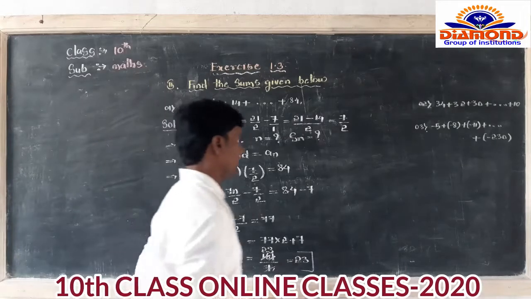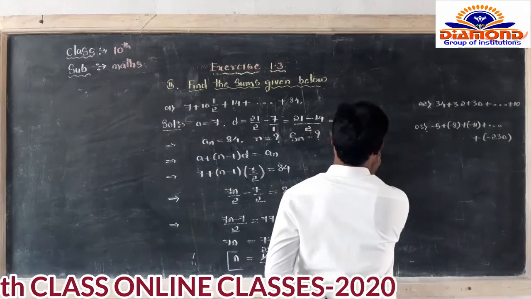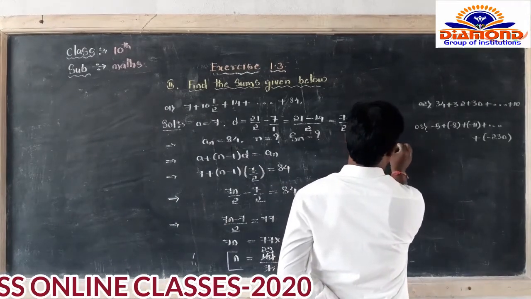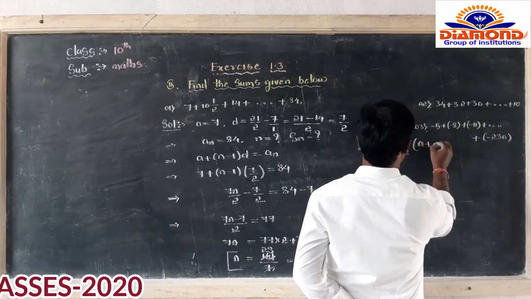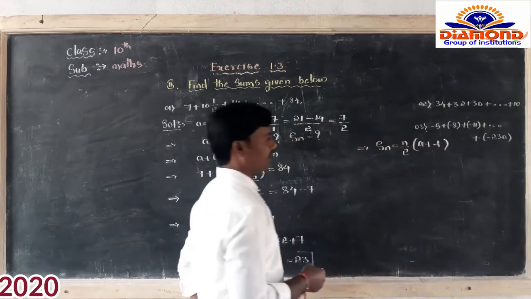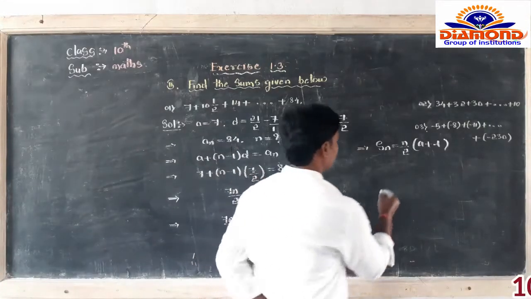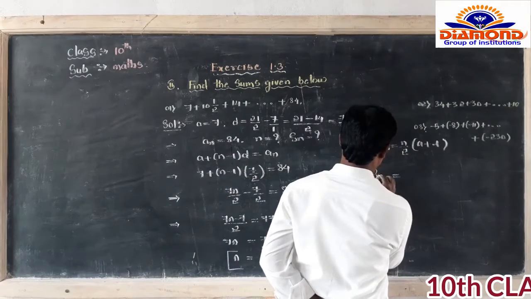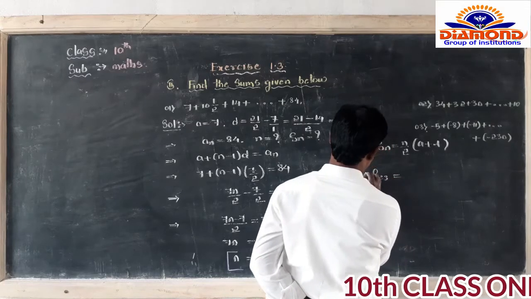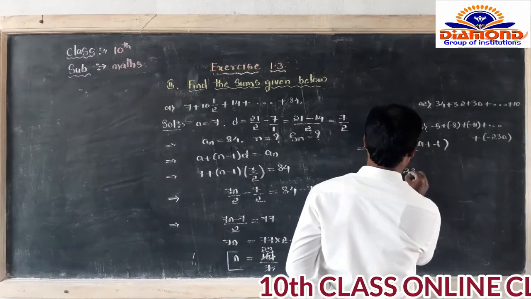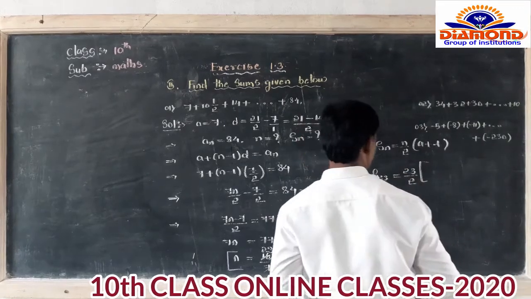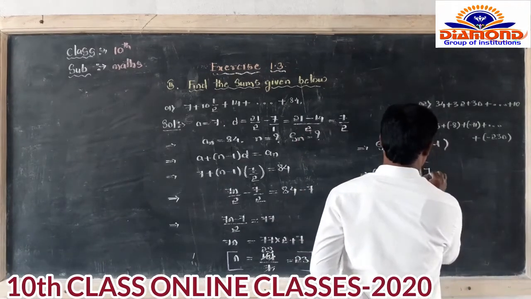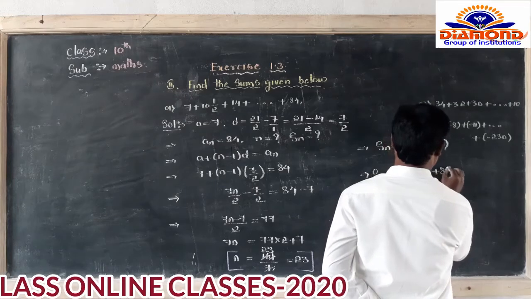So dear students, the formula is what? Sn is equal to n upon 2 in the bracket a plus l. This formula we are using. Next, the sum of the 23 terms we are finding. Here 23 upon 2 in the bracket, the a value is 7 and the l value is 84.